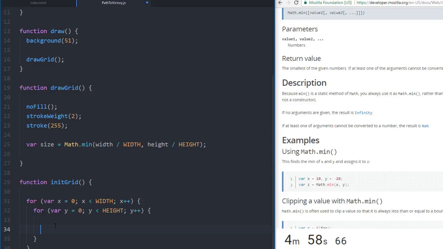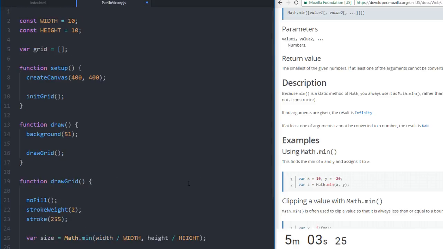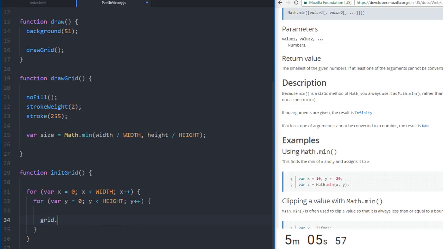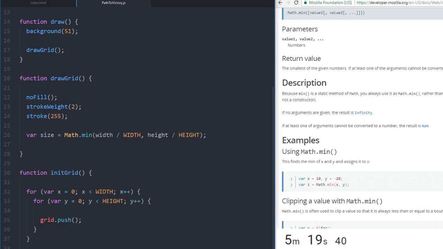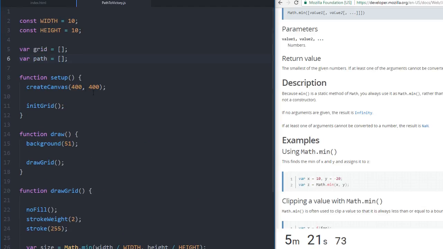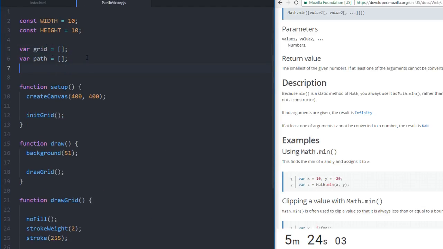Now to initialize the grid, we will say grid.push. I'd like to say a tile, but really it just needs to be a boolean. We also need a var path, and I think we need a var steps equals an array.